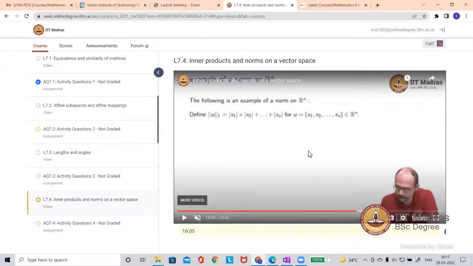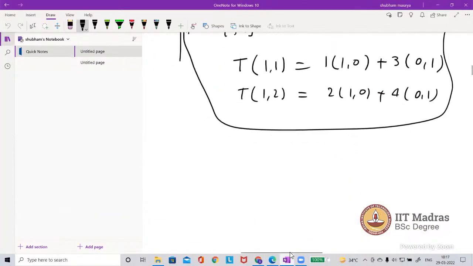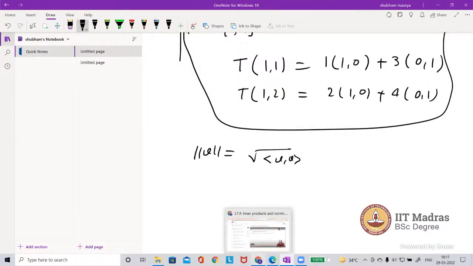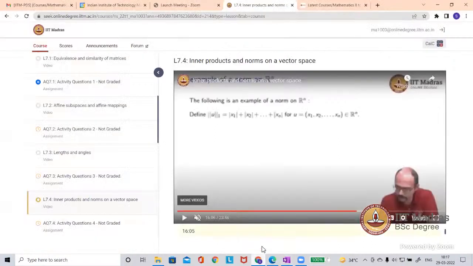If the space is talking about an inner product and you are considering the norm using the inner product, then the norm of a single vector you can think of as the root over the inner product of the vector with itself, right? Yeah. So what different condition is applied over there? I'm not able to understand why we are adding mod of x1, mod of x2.